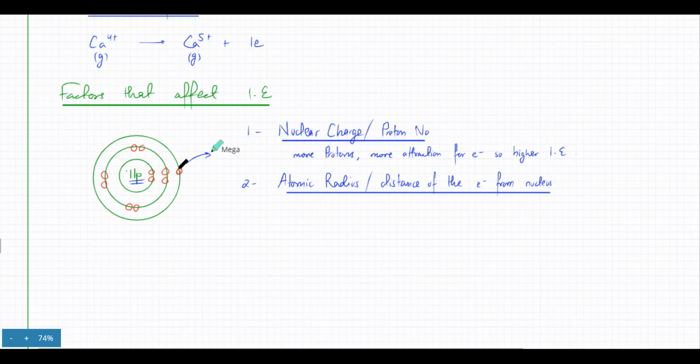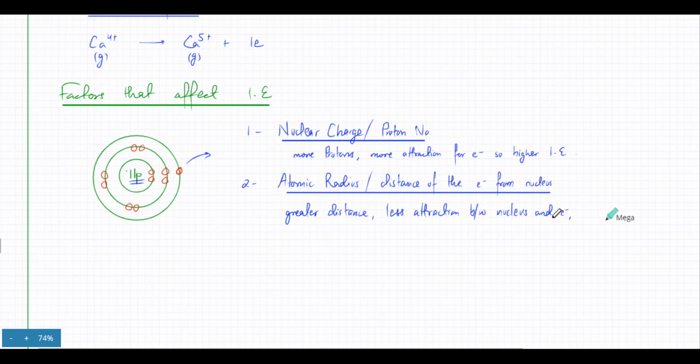As you move further away from the nucleus, the electron is less and less attracted. If you're very close to the nucleus, the electron is very strongly attracted. So greater distance means less attraction between the nucleus and an electron.